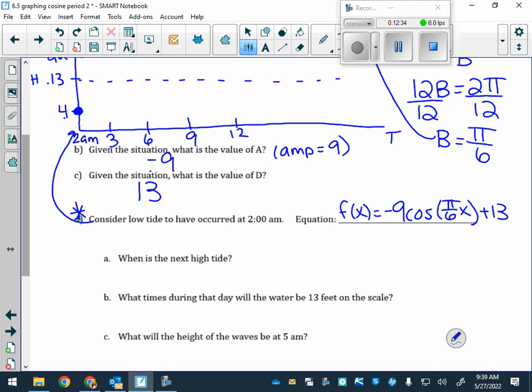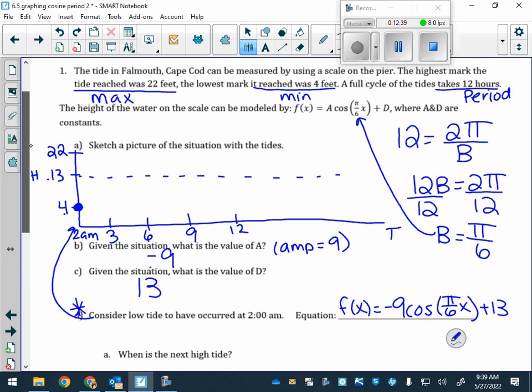Okay? So let's graph this thing, one period, okay? So since there's a reflection, at 2 a.m. we're at 4. Where's next? What height? 13, then where? Yep, then where?